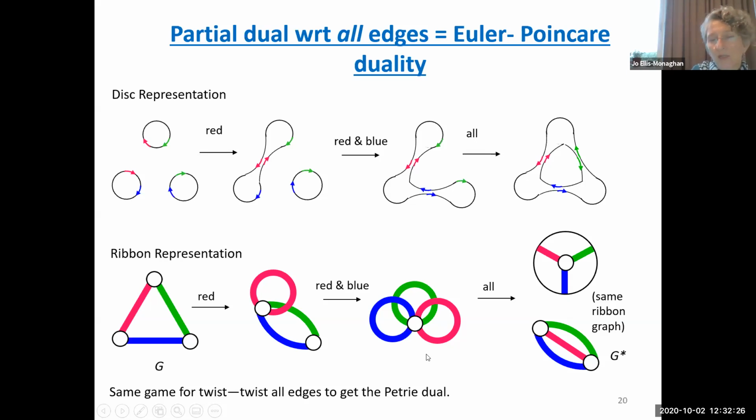That's the result of taking the partial dual with respect to the blue and the red edge. Now we're going to take the partial dual with respect to the green edge. This is a little bit different. When we merge these two pieces of the one vertex here, notice that now we've got two vertices.